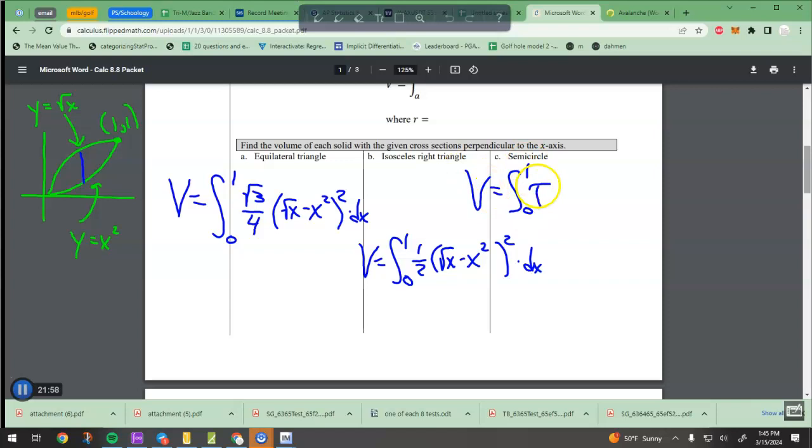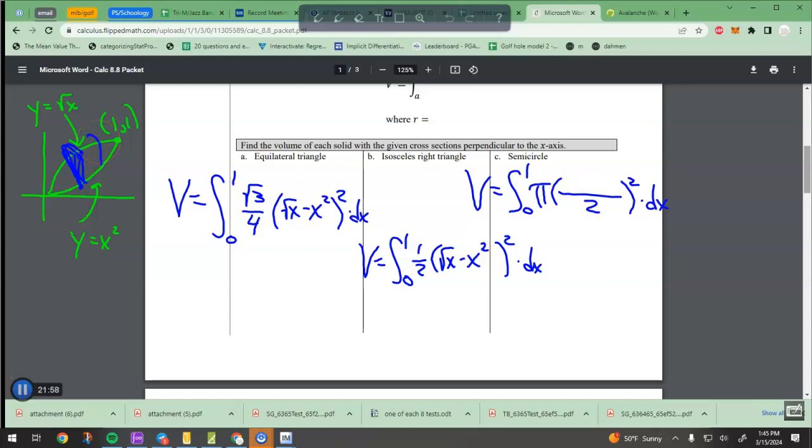still 0 to 1. Now the area is pi times r squared. And the radius is the distance of the representative strip. So you'd have like, oh yeah, good call. I do have to do that. Why do I have to do that?